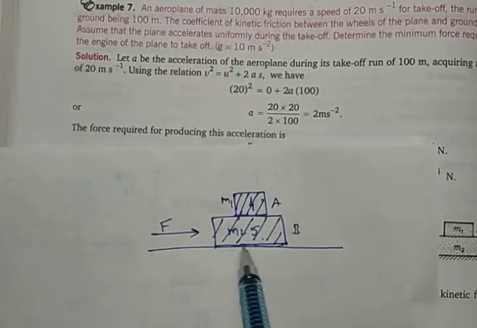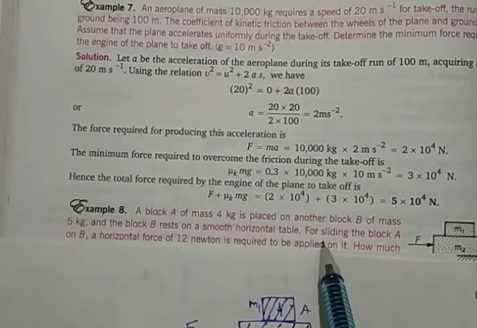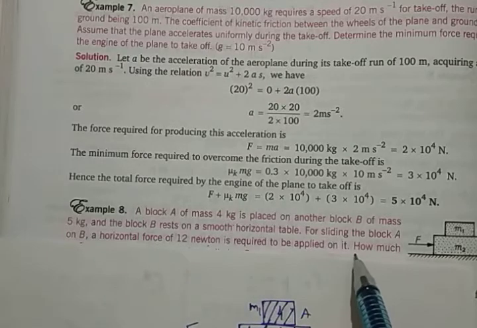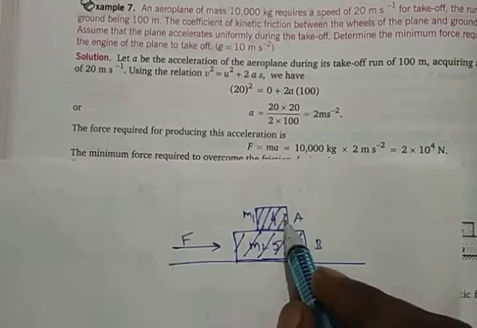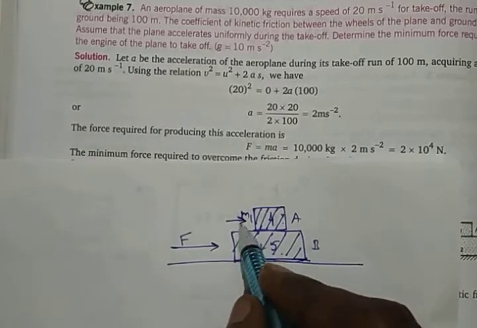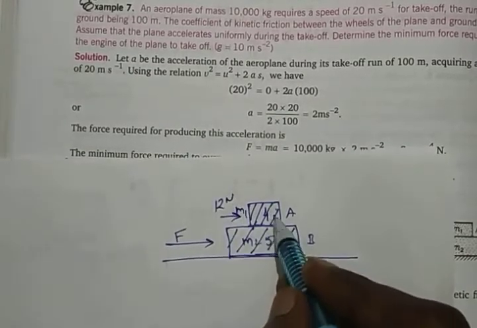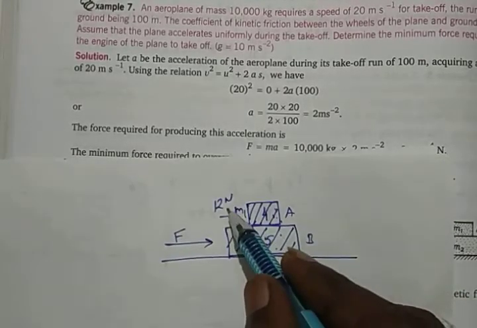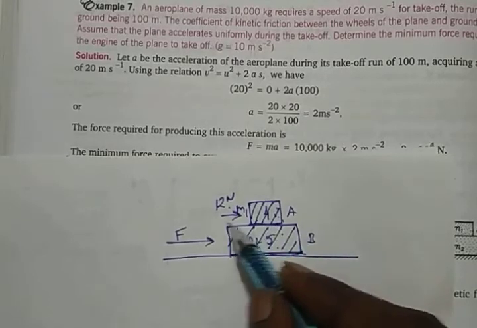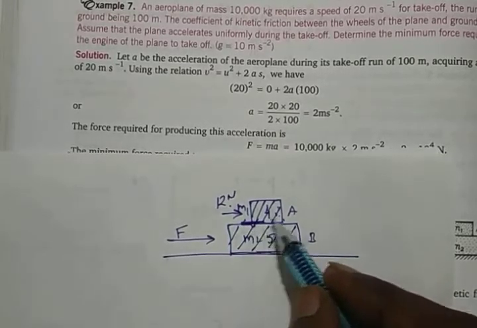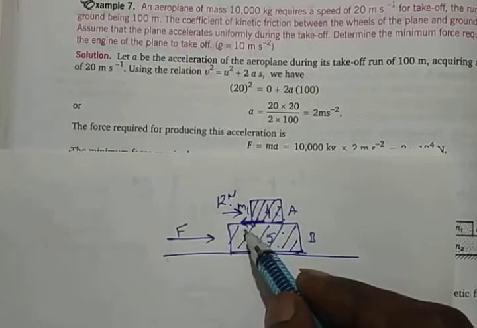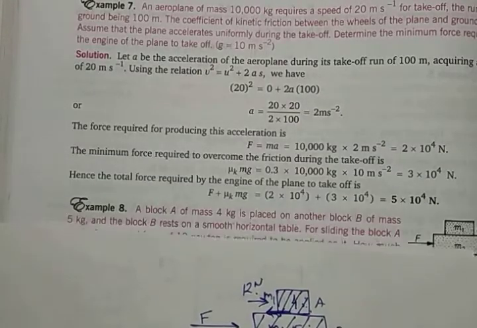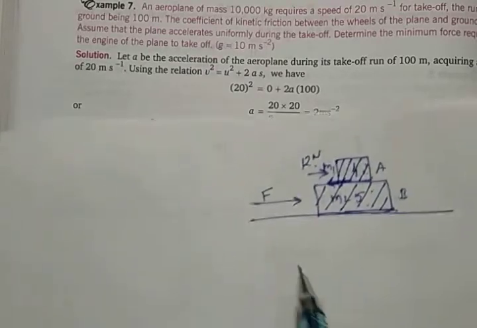This is already on the horizontal plane here. For sliding the block A on B, a horizontal force of 12 newtons is required to be applied on it. If you apply 12 newtons on A, then this will start sliding. Maximum, if you put 12 newtons, then it will start sliding here. That means you can find the frictional force between A and B, and you can find the coefficient of friction also, because the maximum is given here.